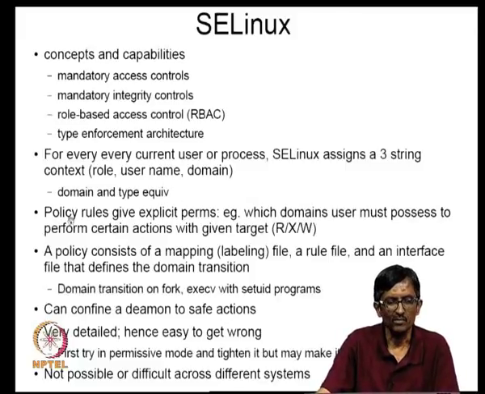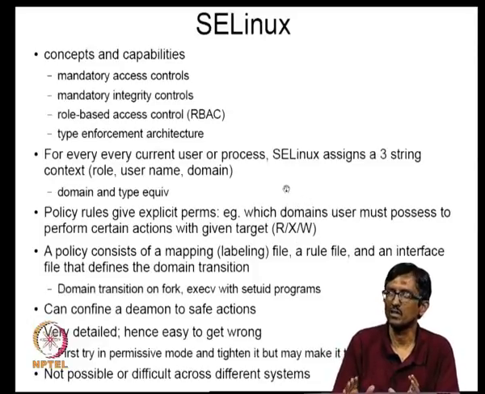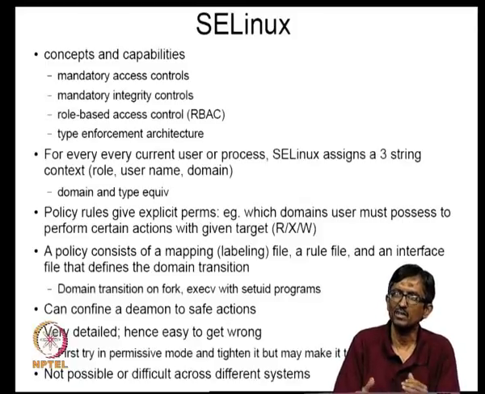so for example, there are policy rules that you have to specify, which domains a user must possess to perform certain actions with a given target. Okay, it could be read, execute, write, etc. Again, these things are done at the file system level. So basically, the way SE Linux works is, you have a regular file system, and you have certain additional capabilities and functions by which you can label the files.